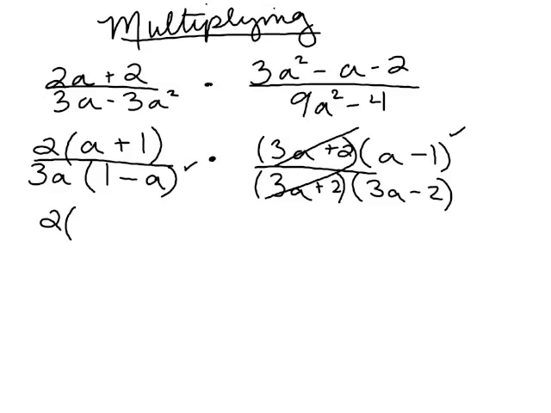So I have 2 times (a + 1). And then if I rewrite this, I would have a negative a plus 1. So if I pull the negative out of that and make this a negative 3a, that will turn into an a - 1 right there.